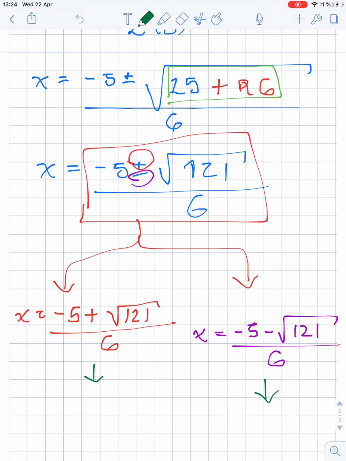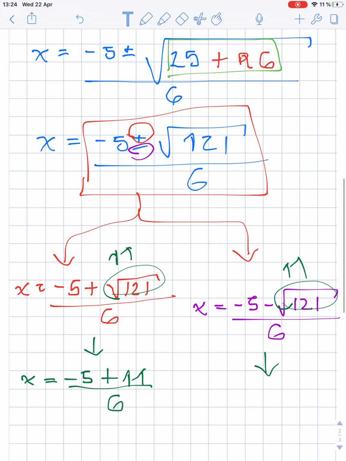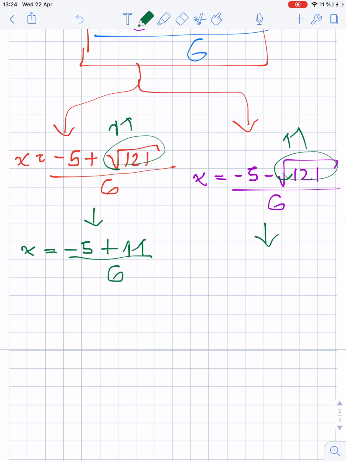Now, after doing this, we will have x equals, the square root of 121 is 11. Therefore, the answer is minus 5 plus 11 over 6. And in this case, the answer is going to be x equals minus 5 minus 11 over 6.